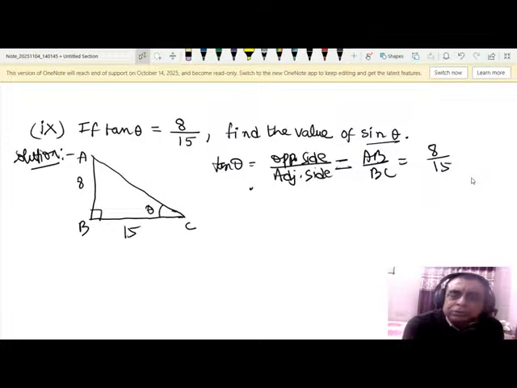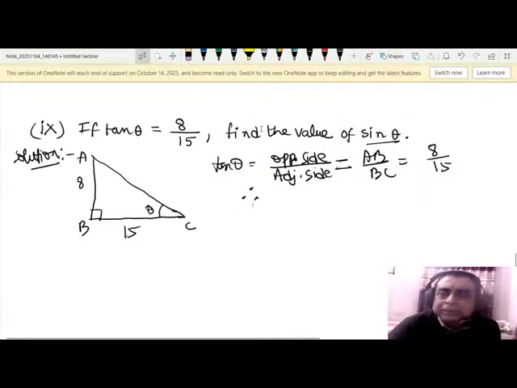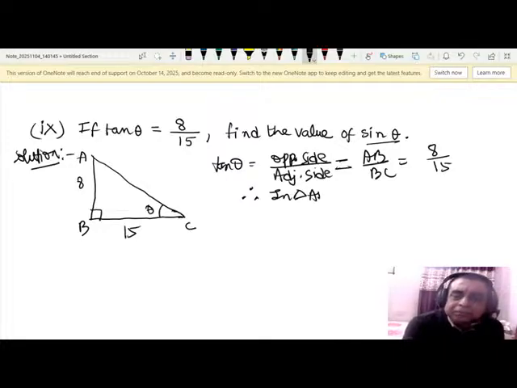Okay. So therefore, because this angle is right angle, you may write, therefore in triangle ABC, because angle B is 90 degree, the hypotenuse is squared.